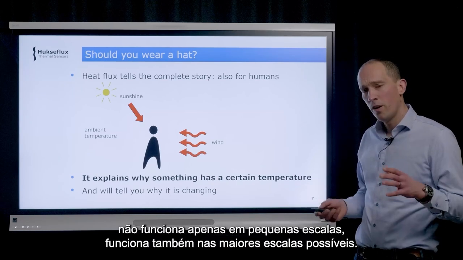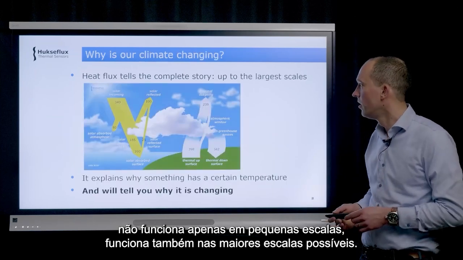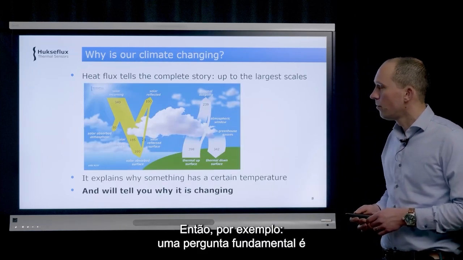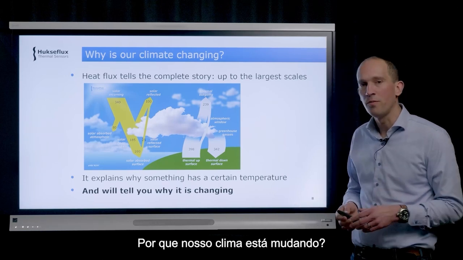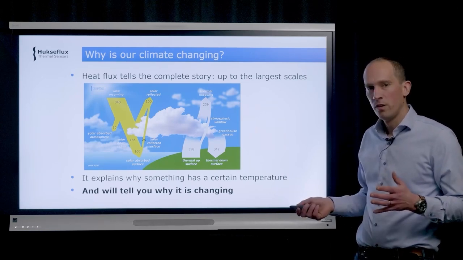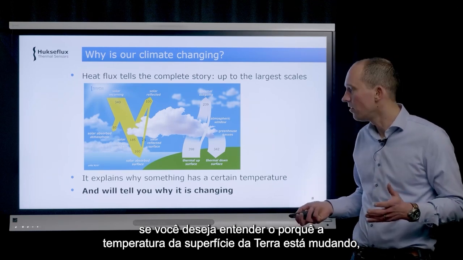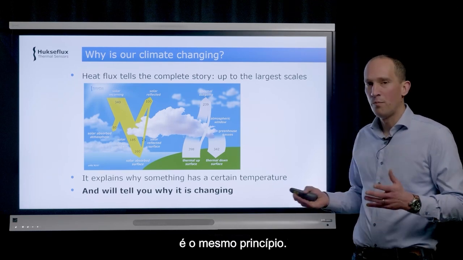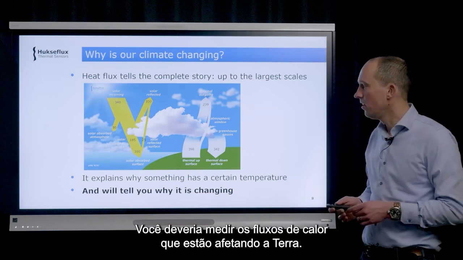Now this not only works on small scales, it works on the largest possible scales. So, for example, a very fundamental question is, why is our climate changing? Well, if you want to understand why the temperature of something as large as the Earth is changing, it's the same principle. You should measure the heat fluxes that are affecting the Earth.